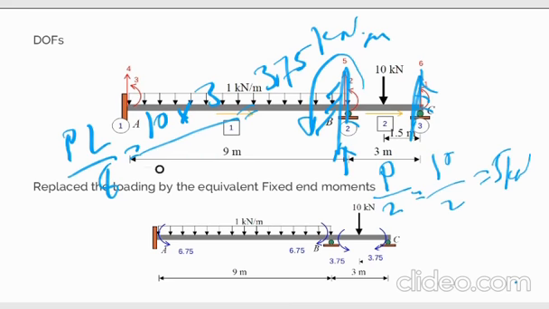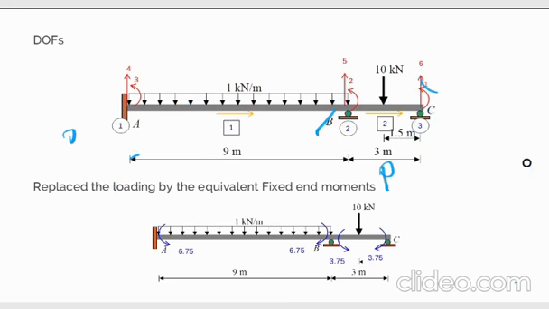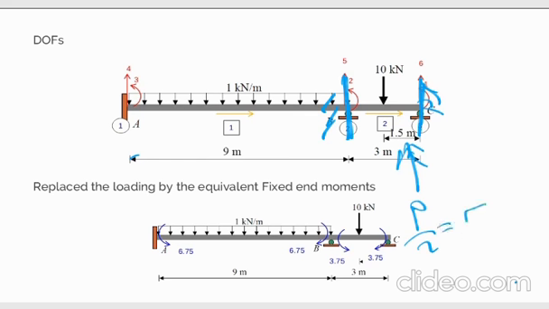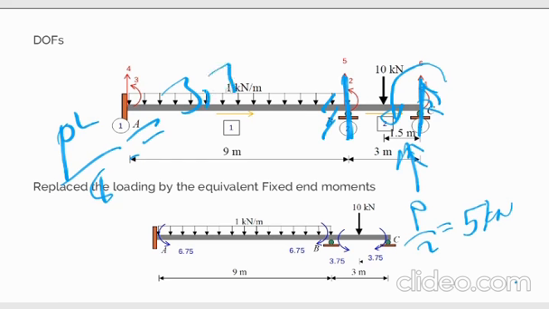The same rule you can apply at point C. The reaction here, P over 2, equals 5 kilonewton, and the moment here at point C equals PL over 8, equal 3.75 kilonewton meter.